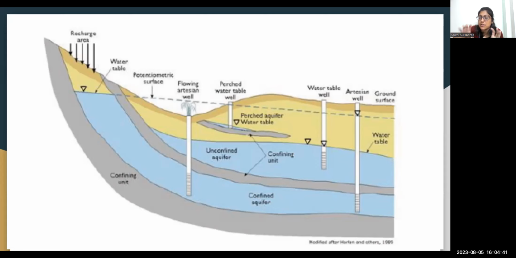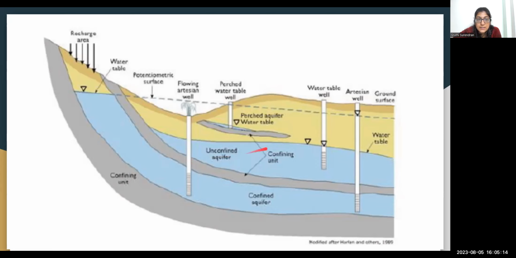There is some amount of pressure. In an unconfined aquifer, the water will have only atmospheric pressure on it because it is open. There's no confining on it. This is, you can see, a flowing artesian well. When you pump a well or when you dig a well into a confined aquifer, because water is under a lot of pressure, water will come gushing out because of that pressure.